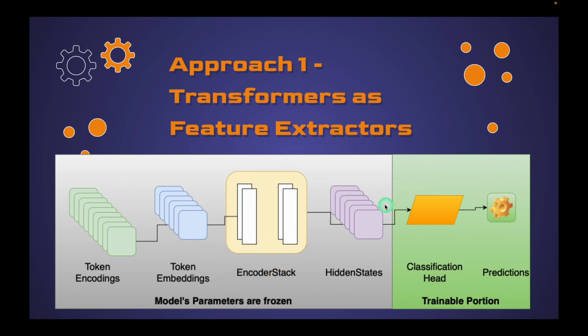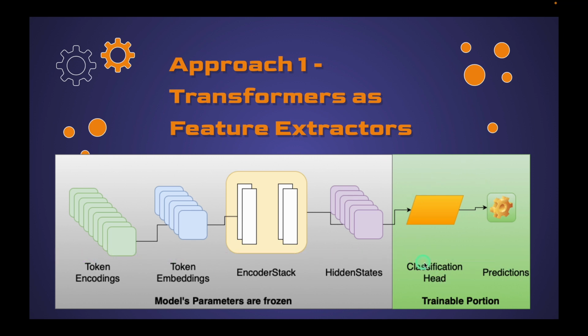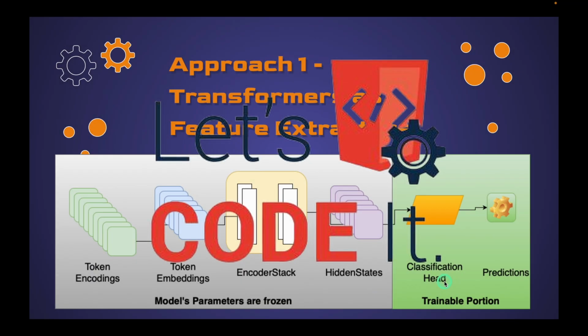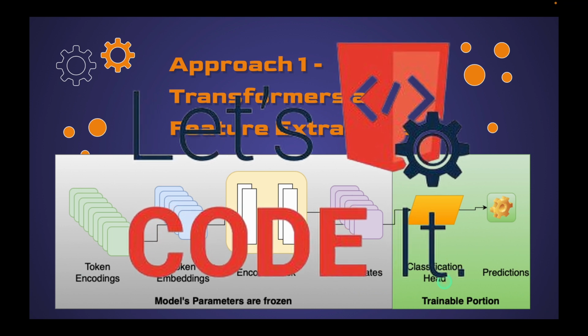One thing we have to note here in this approach is that the gradients are computed only in the green part. So only in this green part are the gradients computed, and it is called the trainable portion. Now let's actually implement this approach 1 in Python.